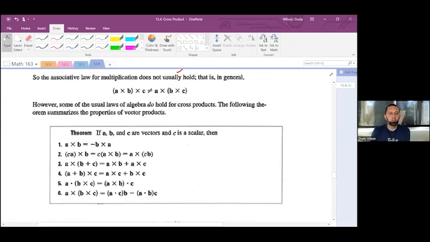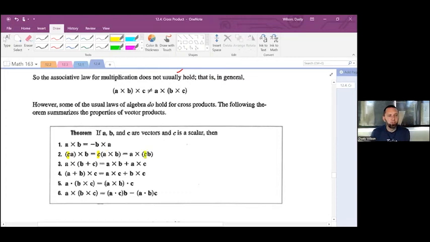However, some of the usual laws of algebra do hold for cross products. The following theorem summarizes the properties of vector products. So theorem, if A, B, and C are vectors, and little c is a scalar, then A cross B equals negative B cross A. c A cross B is equal to c times A cross B is equal to A cross cB. So notice in this particular case, the c is a scalar.